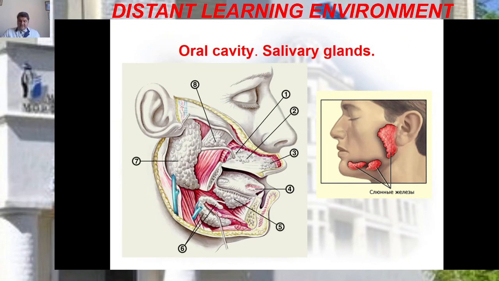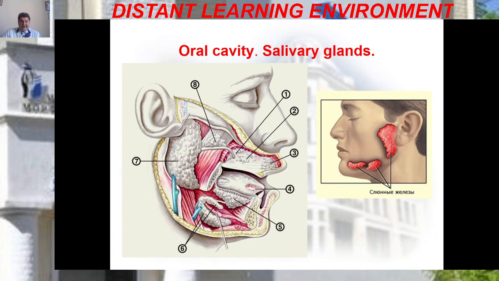So the ducts of three pairs of large salivary glands open into oral cavity. Besides this, there are numerous small glands in the mucous membrane of the mouth, which according to their location are called as follows: the labial, buccal, palatine, and lingual glands. According to the character of the secretion, the glands may be serous, mucous, or mixed.